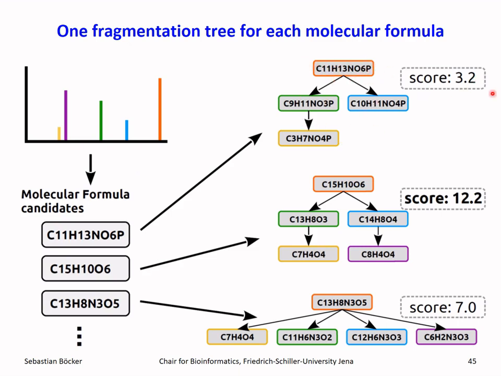And then in the end, we use these scores to rank those candidates. And then we output the one with the highest score. But this information is not lost. We can use that. Okay, it's provided by SIRIUS. Why would we use that?